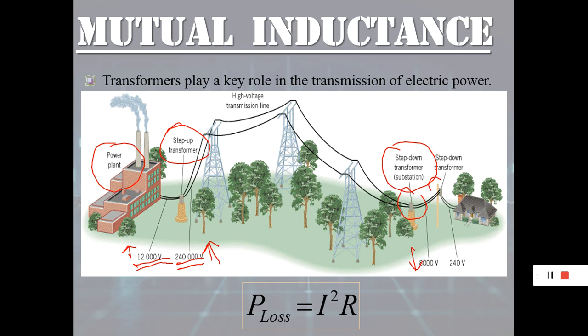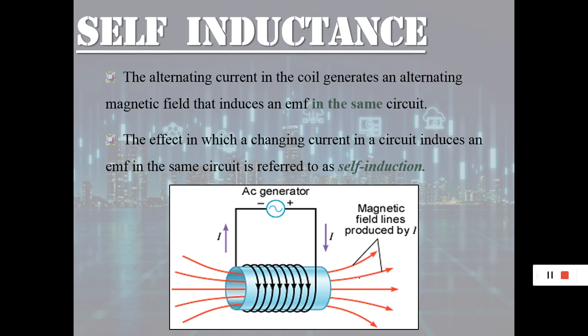At your residential area, there is what we call a TNB pole, where we have a step down transformer, and the wire carries 240 volts to the household. In terms of power loss in this transmission, we use I squared times R, the current squared times the resistance of the wire.